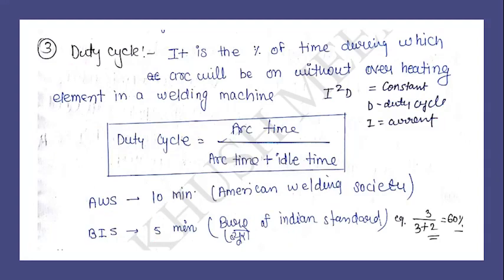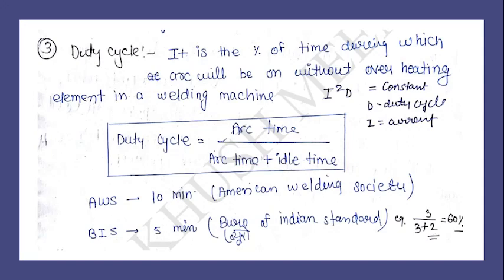One more thing is duty cycle. What is duty cycle? It is also a term. It is the percentage of time during which the arc will be on without overheating the elements in a welding machine. In terms of the formula, duty cycle is arc time divided by arc time plus idle time.